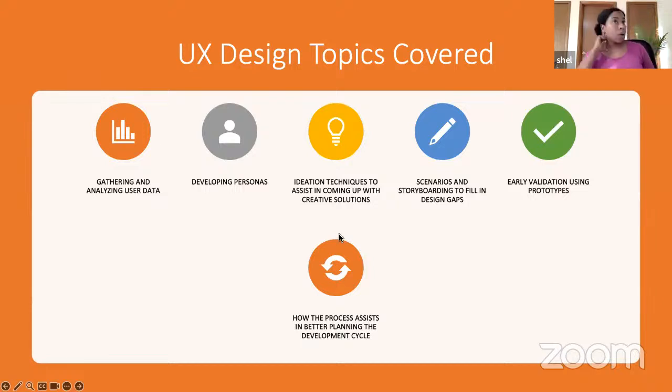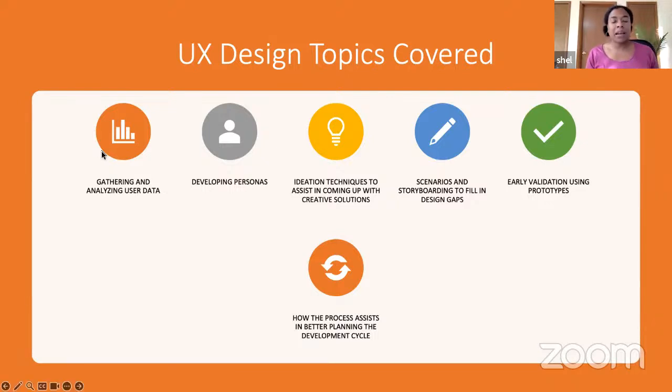All right, so just to recap where we're going, keeping our eye on this map. We talked about the process, and in terms of UX design, the first thing we do is gather data. If the app already exists, then we're gathering data on who's already using the app, what their experience is, what their pain points are, and how we can make it better.